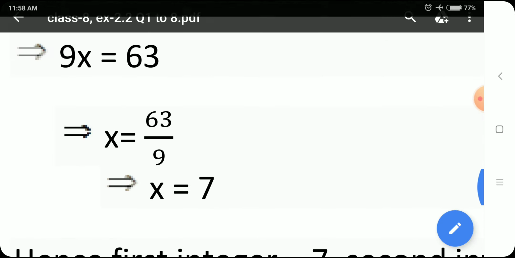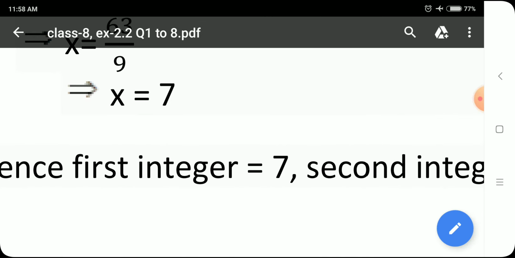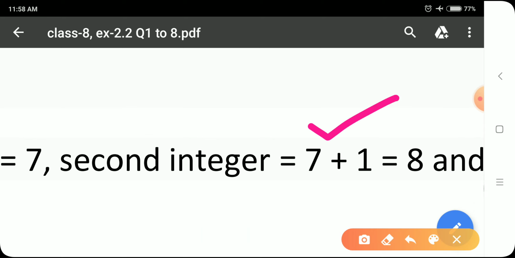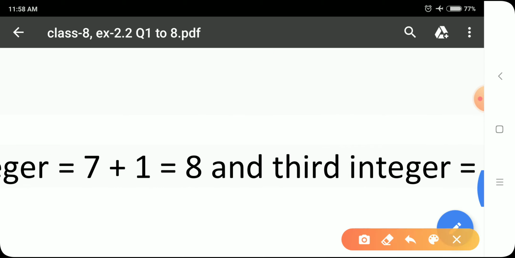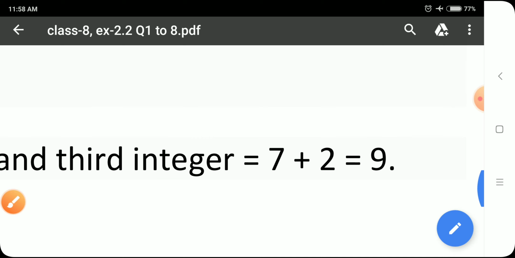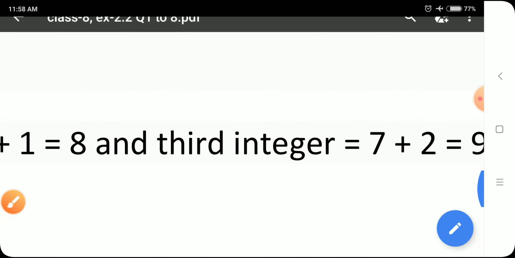After solving it, you will get x is equal to 7. So the first integer is 7, the second is x plus 1, which is 7 plus 1, so 8. The third integer is x plus 2, and putting x as 7 you will get 9. So this will be your result.